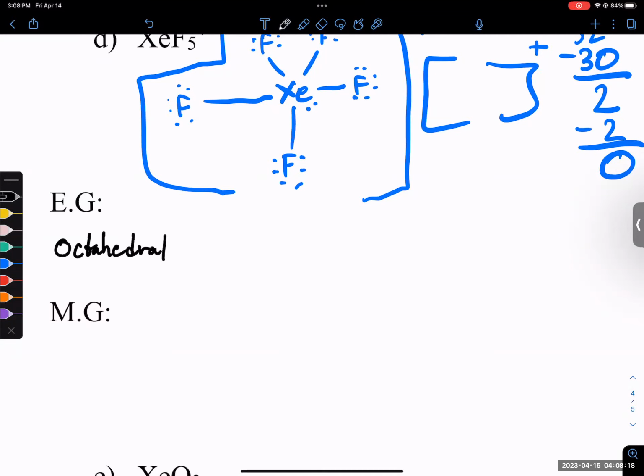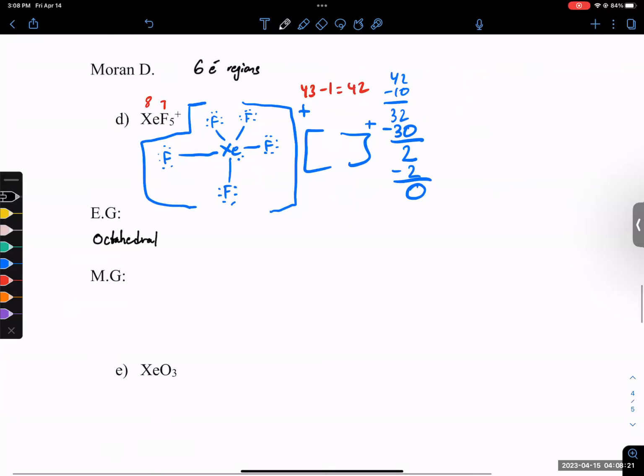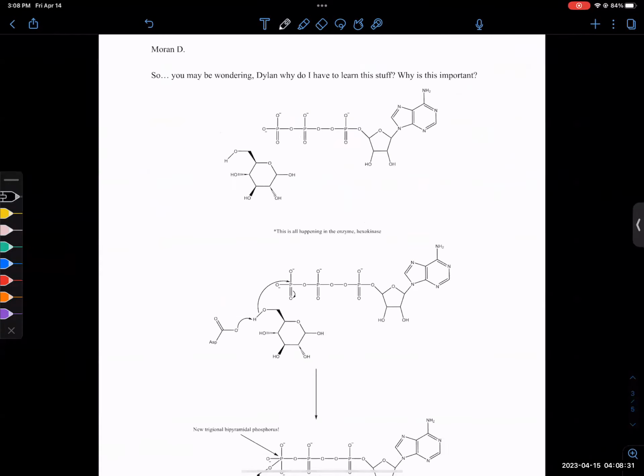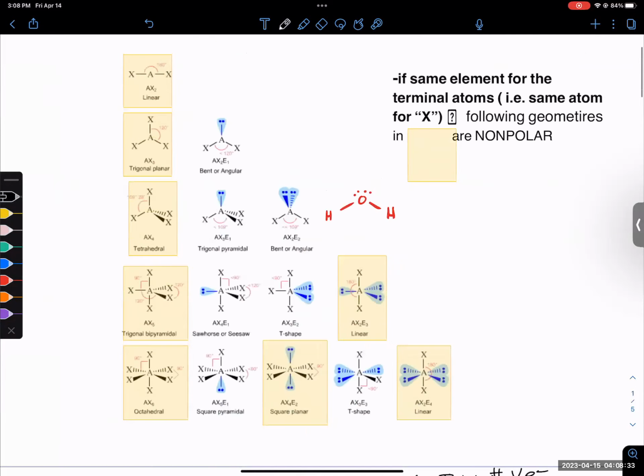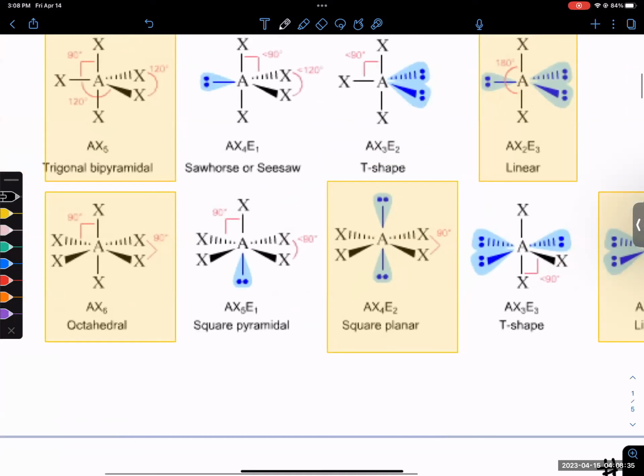And then if you look at your molecular geometry, there's 5 bonds plus 1 lone pair, so this is square pyramidal. If you add a lone pair to your octahedral, this is indeed square pyramidal.